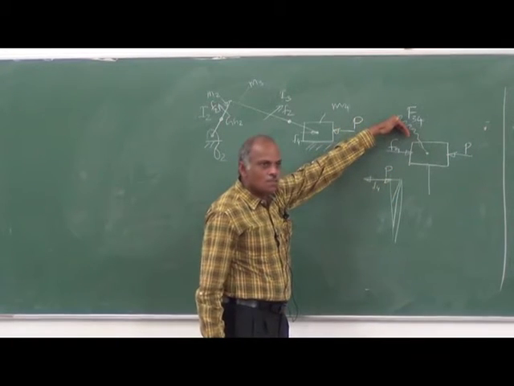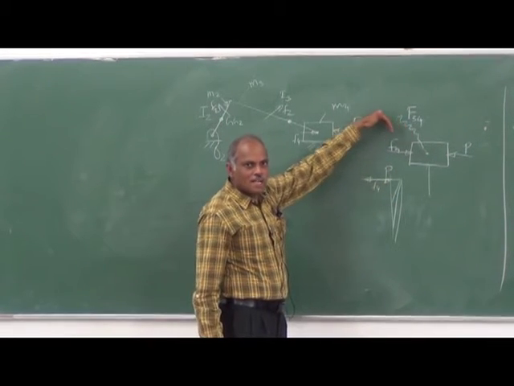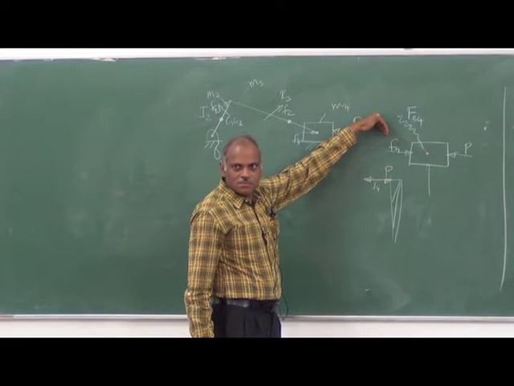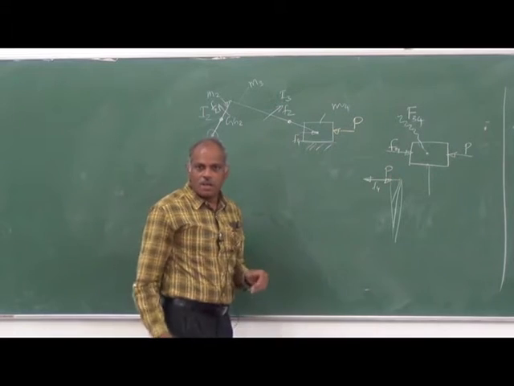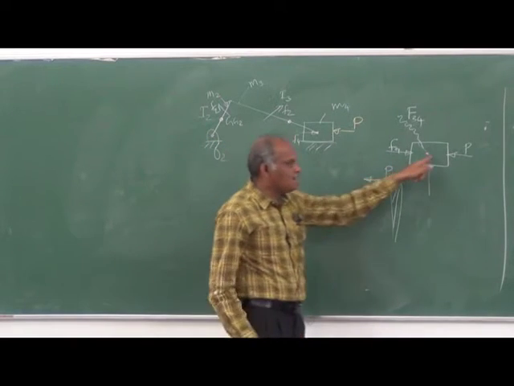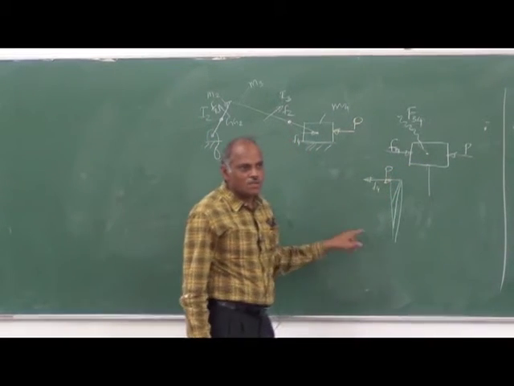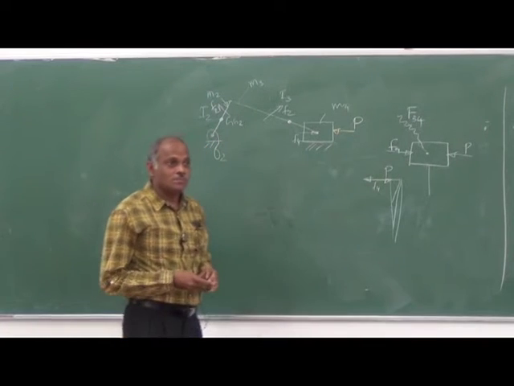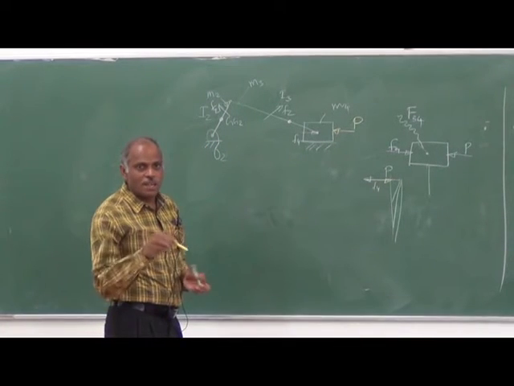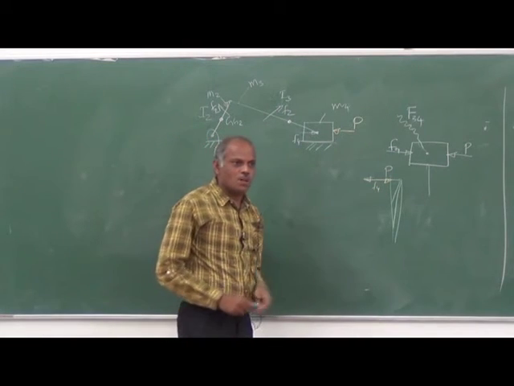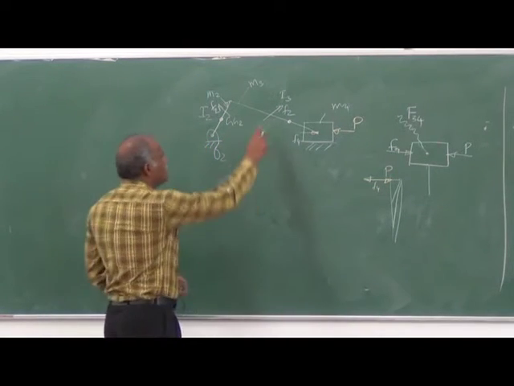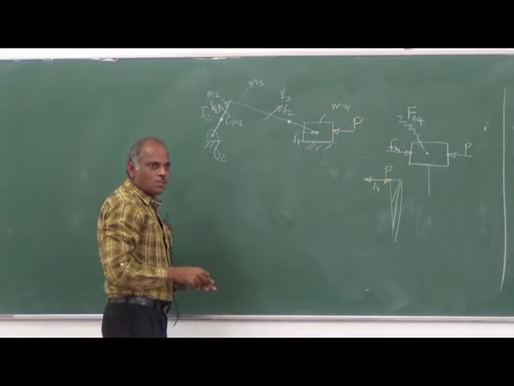Suppose this force acts away from there, then it is possible to solve. But all the forces are concurrent already, so it is difficult to solve. Do you have any doubt? This is a special case where concurrency makes it not possible to solve.